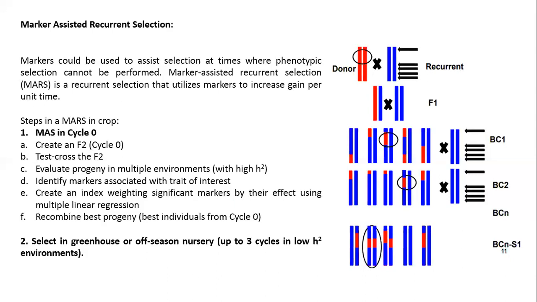Then we have to create an index weighting significant markers by their effect using multiple linear regression. I previously discussed that regression can be generated by simply plotting their values on a graph against the molecular marker, and the recombined best progeny or the best individuals are picked up from cycle 0, and these can be easily picked up by the calculation of LOD score.